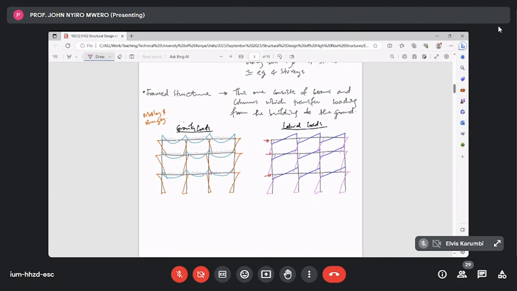We will see a bit of detail of this later on in this course. But generally, if we were designing a frame structure to carry lateral loads, then we would do this analysis, and then, for example, that corner there, let me pick a color that I've not used.